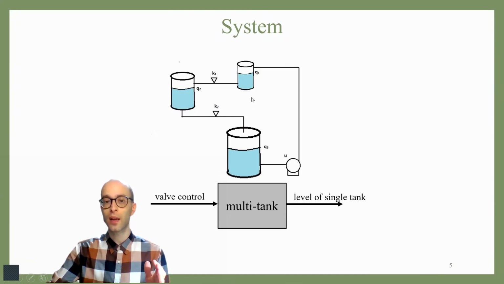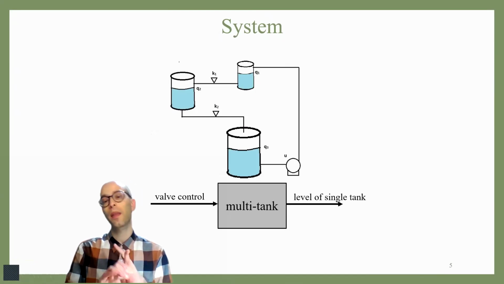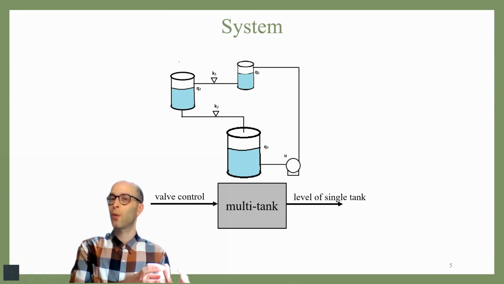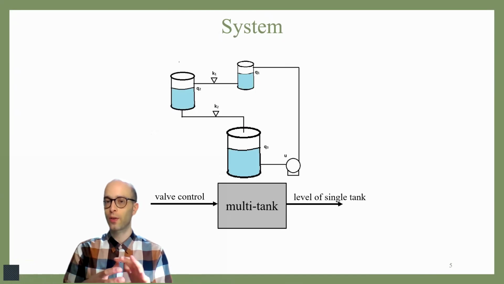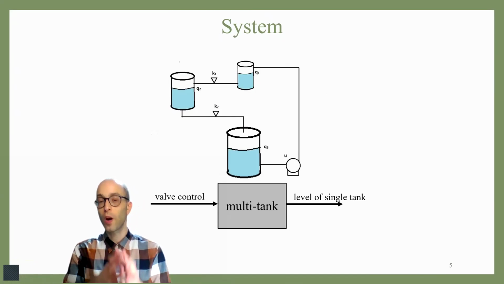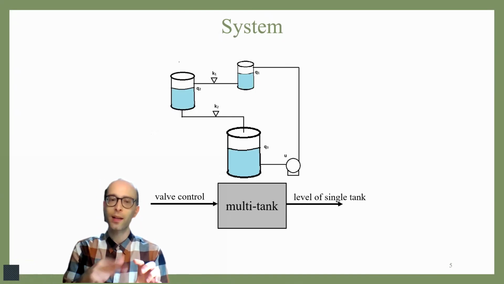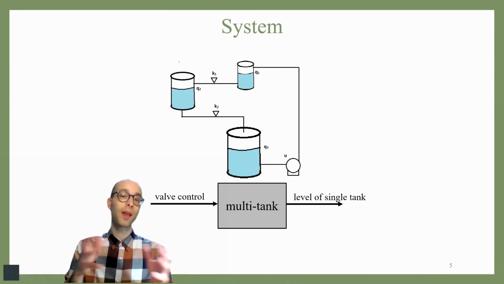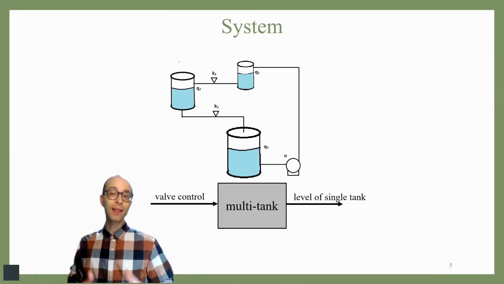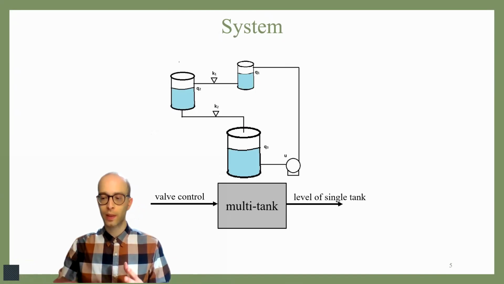Let's say we have three tanks, and we can only measure the level in the first tank. We cannot measure the level in the second and third tanks, but we know the differential equations that describe the interconnections. So this is again a classic problem for an observer. We know partial information for the internal states, but we need to estimate the other states as well. That's the observer problem. That's what the observer does.